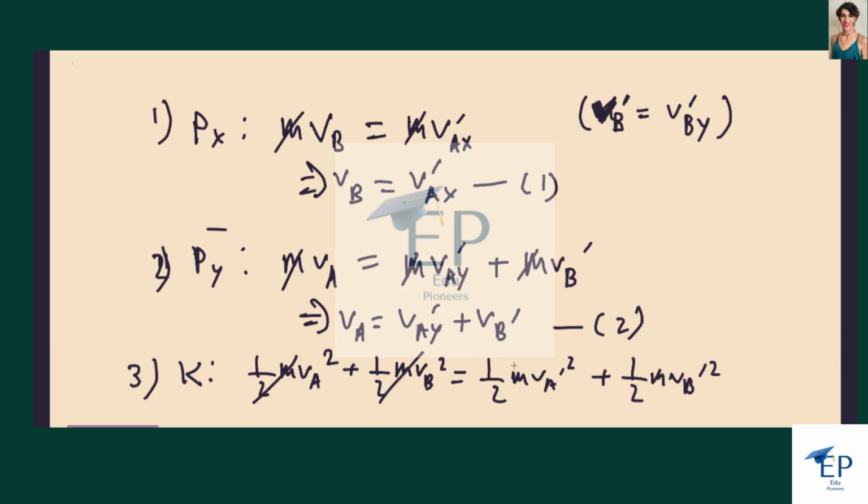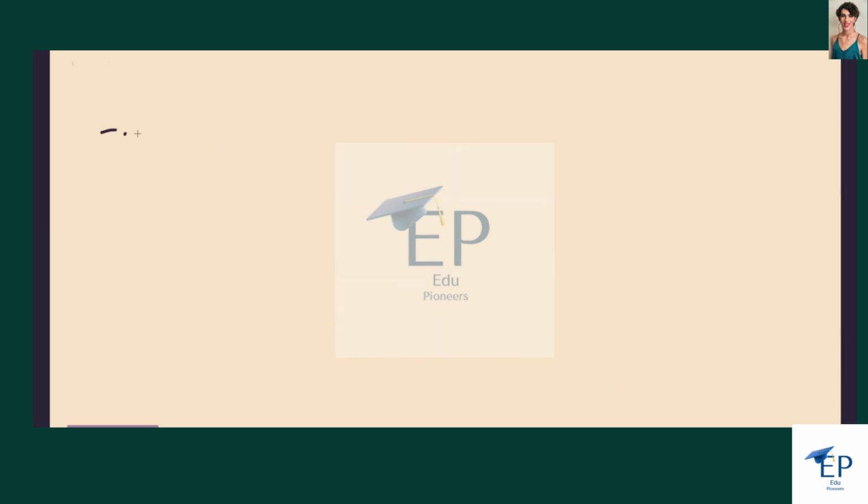So the half m factors cancel from every term, and we get vA squared plus vB squared is equal to vA prime squared plus vB prime squared, and that is equation 3.